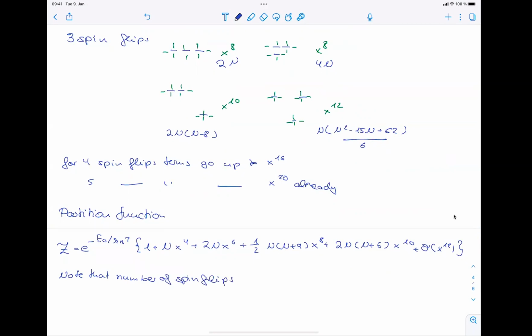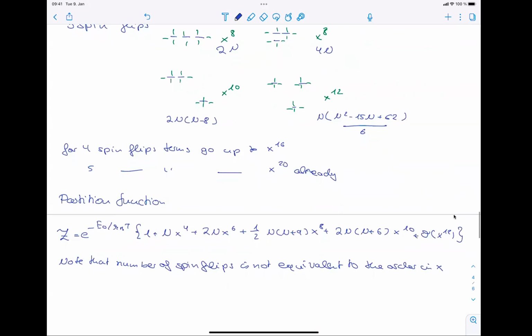Number of spin flips is not equivalent to the order in x. So also a higher number of spin flips can contribute to lower order in x.